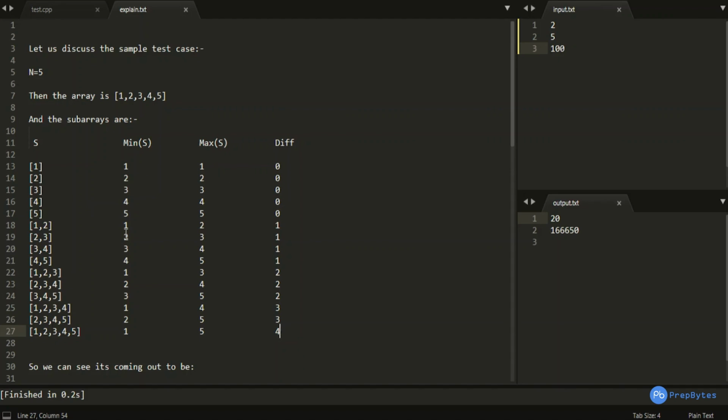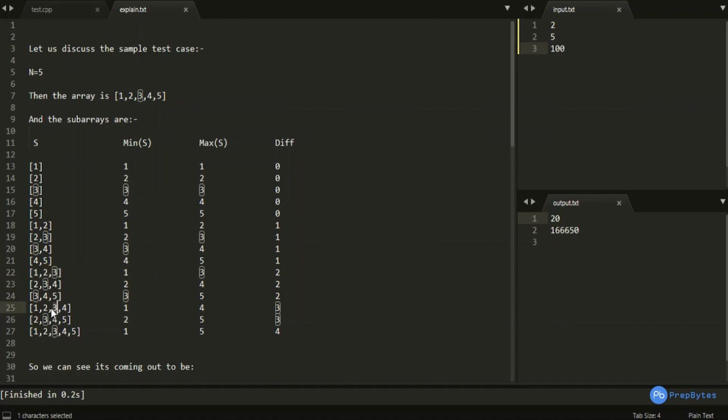For the size 2 subarrays, the minimum and maximum is nothing but in a gap of 1. So 2 minus 1 would be 1, 3 minus 2 would be 1, 4 minus 3 would be 1, 5 minus 4 would be 1. For size 3 subarrays, the gap would be nothing but 2, because 3 minus 1 is 2, 4 minus 2 is 2, 5 minus 3 is again 2.